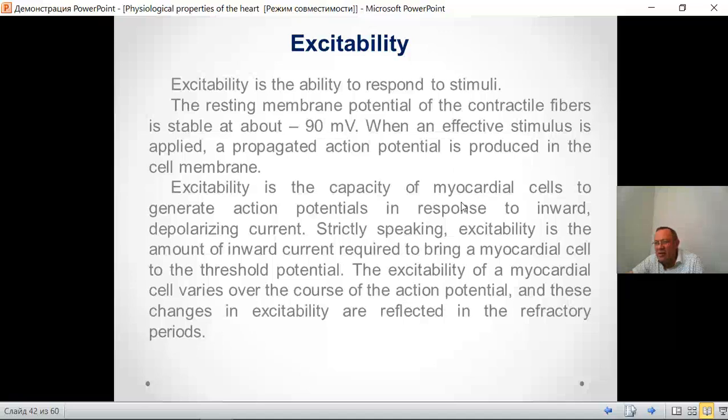Strictly speaking, excitability is the amount of inward current required to bring a myocardial cell to the threshold potential. The excitability of a myocardial cell varies over the course of the action potential, and these changes in excitability are reflected in the refractory periods.